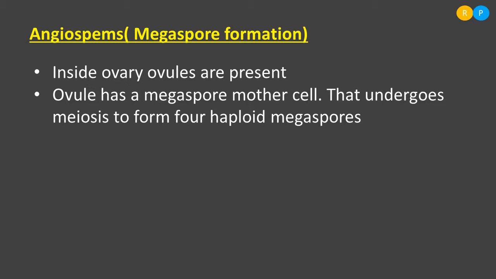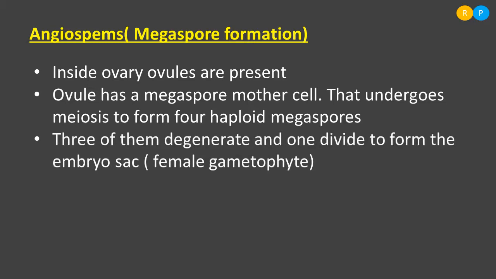So, what is that development? The megaspore mother cell divides meiotically in order to form 4 haploid megaspores. These 4 haploid megaspores are not retained within the ovule till the formation of the seed. Clear? Out of 4 megaspores, only one megaspore becomes functionally active. What about the remaining 3?